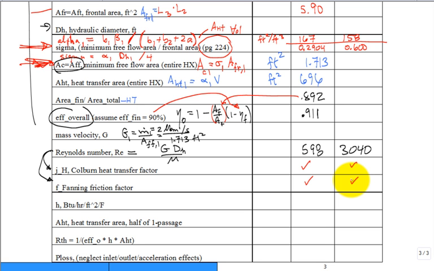How are you going to get H now? Finally, I need H. I wish I could give you more time to think through it, but I'm looking at the clock now. How do I get H? Using that J sub H, which is basically equivalent to the Nusselt number, this Colburn heat transfer factor. What was it defined as? Look at that plot again. J sub H is defined as H divided by G C sub P Prandtl to the 2/3.